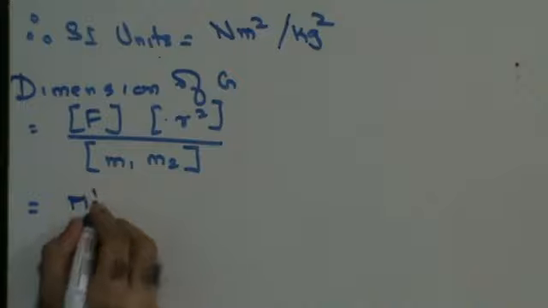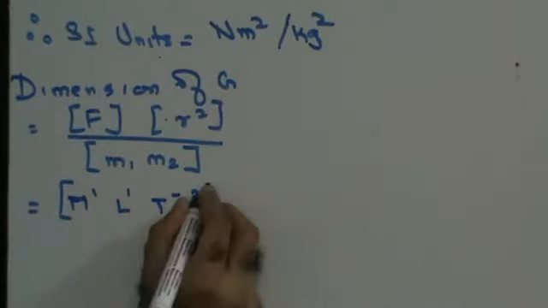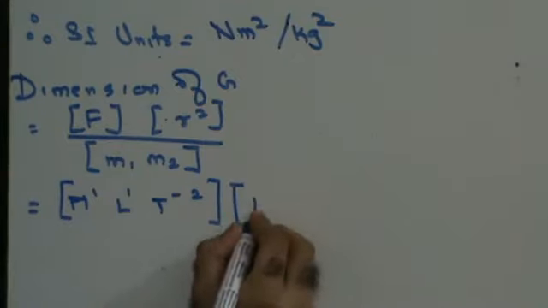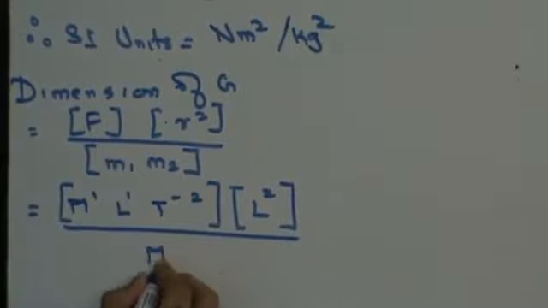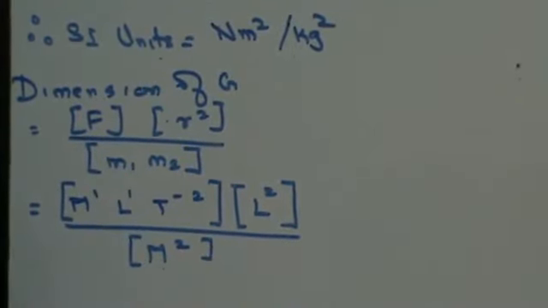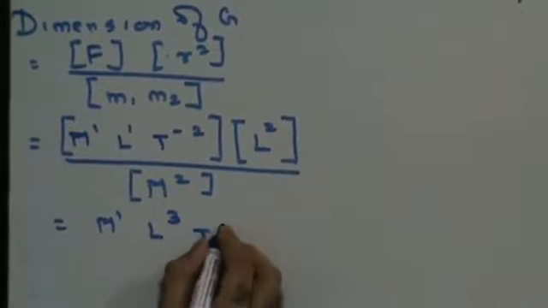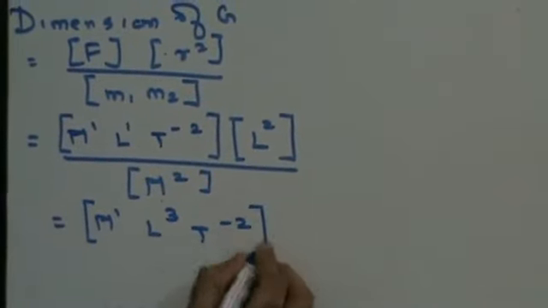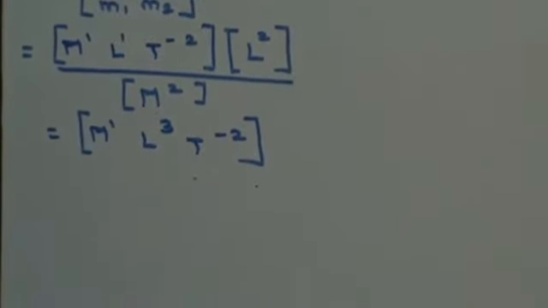So mass into displacement upon time square, this is L raised to 2 and this is M raised to 2. Right? So your answer will be nothing but M raised to minus 1, T to the minus 2 and L cubed. Those are going to be your dimensions of G. Fine, do we get this in here?